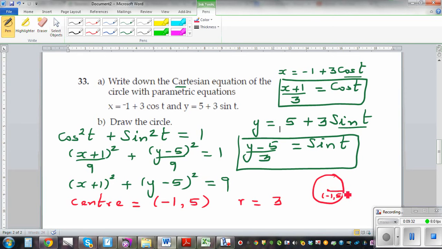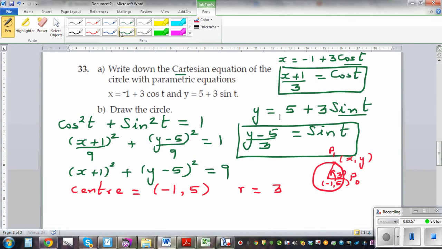Now I want to find the x and the y coordinate when, say, this is a particle p, this is p0, and this is p1. This particle has moved, say, 30 degrees, and you want to find the x and the y coordinate. So you just substitute here. The x coordinate would be -1 plus 3 cos 30.